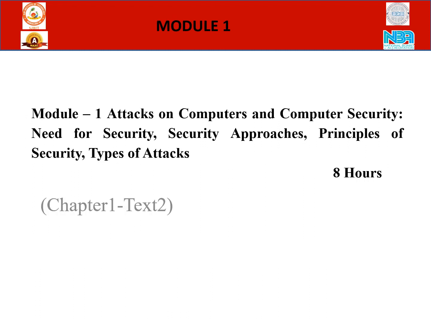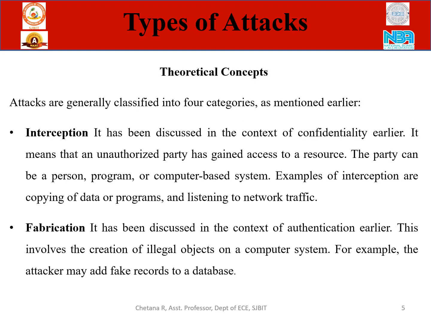So now we begin with the topics. Attacks on computers and computer security, beginning with the topic called need for security, followed by security approaches, principles of security, and types of attacks, and this is referenced with respect to the second textbook, that is Atul Kahate. Moving on to the next topic, we'll now focus on the types of attacks.